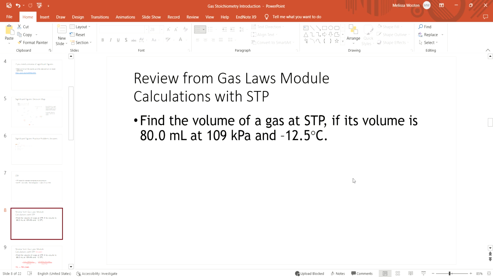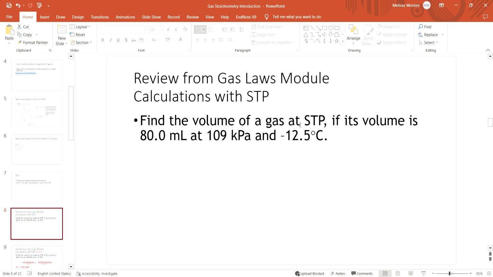So you have 3 total variables. If you're using the 3 variables, temperature, pressure, and volume, and it doesn't mention moles, you're going to be using the combined gas law, which is P1V1 over T1 equals P2V2 over T2. You need to keep the standard temperature and pressure, the temperature and pressure and volume.